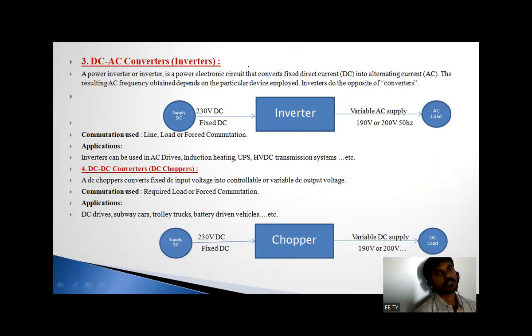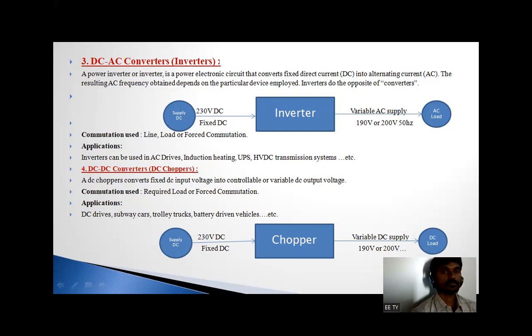What is the function of inverter? So listen, DC to AC. How can we define inverters? Inverter is also one type of converter which will convert from fixed DC into variable AC. That is called the inverter.